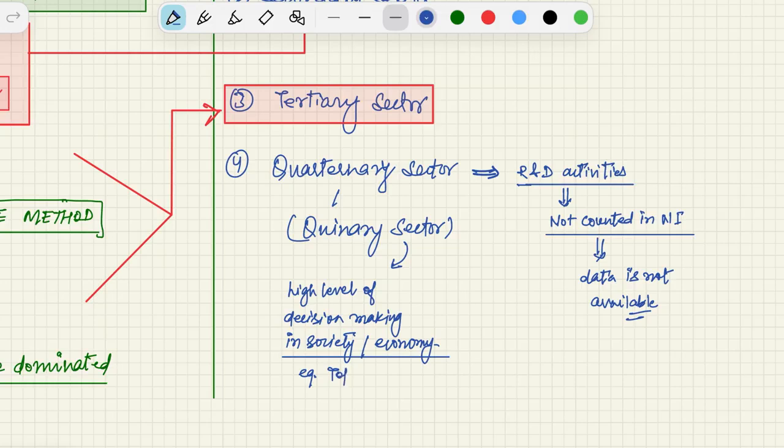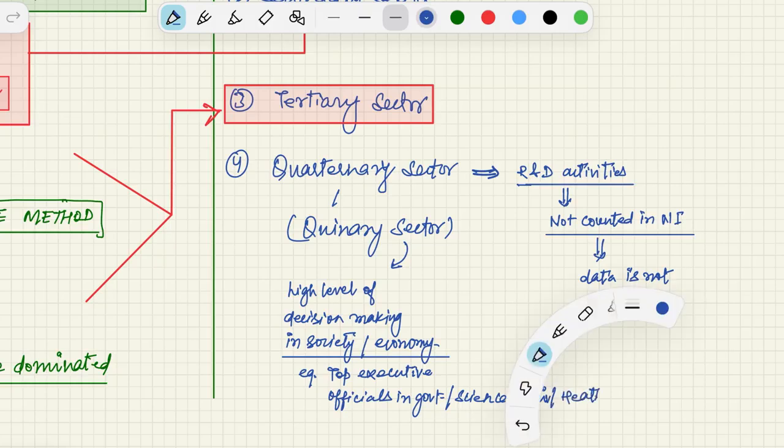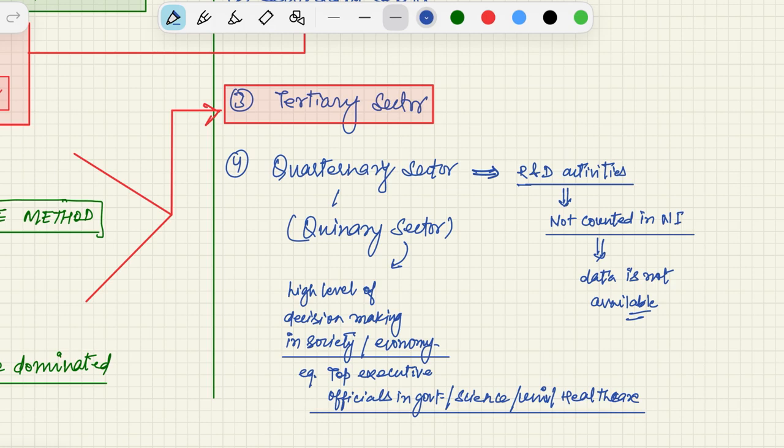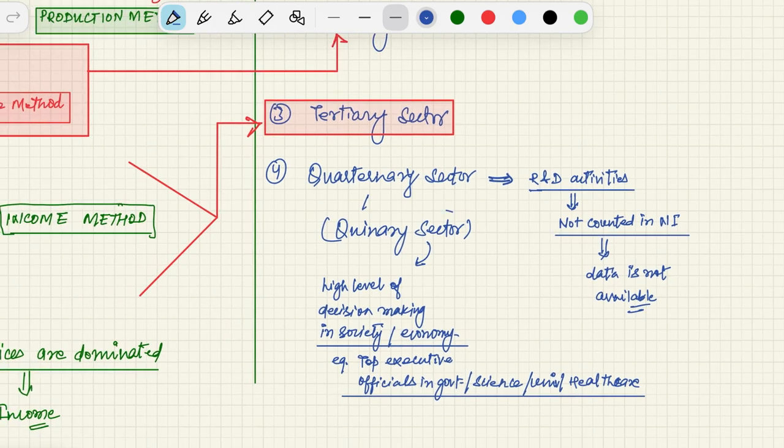Examples are top executives, officials in government, or science field, universities, or healthcare facilities. So they are the top executives making decisions. They will come under the quinary sector, that you have to understand.